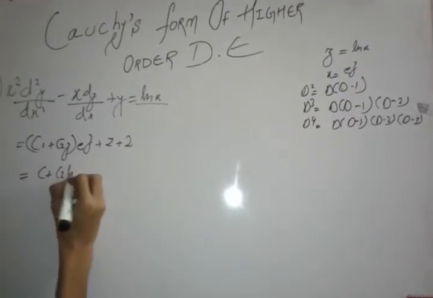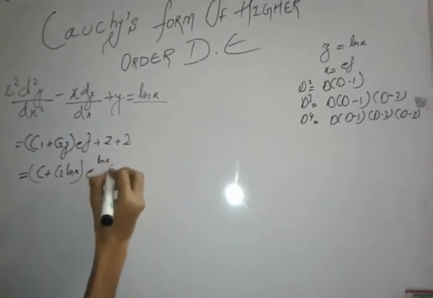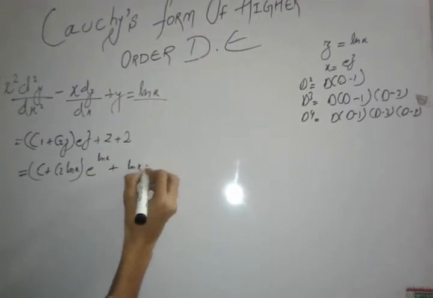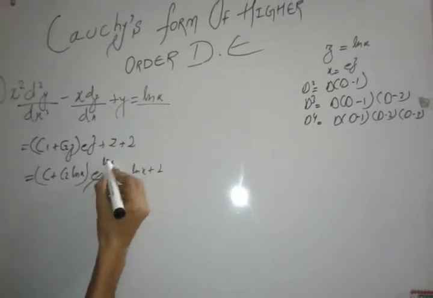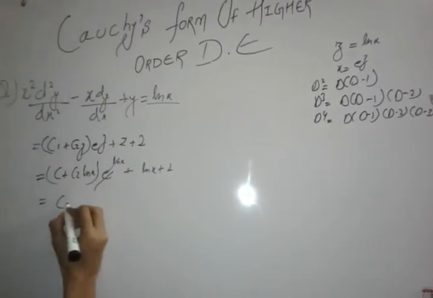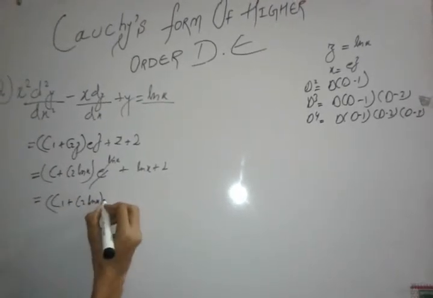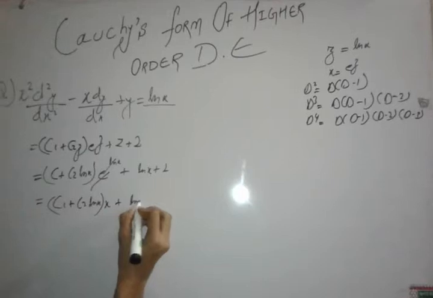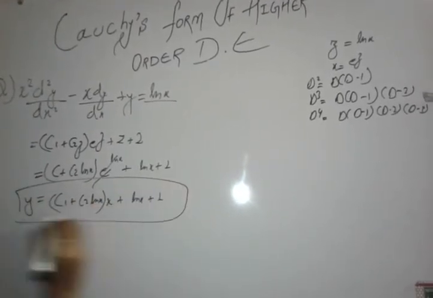Then it will be replaced by (c1 plus c2 ln x) e to the power ln x plus ln x plus 2. Now we know that exponential and ln cancel, so this will be cancelled. (c1 plus c2 ln x) into x plus ln x plus 2, which is our y. Final answer.